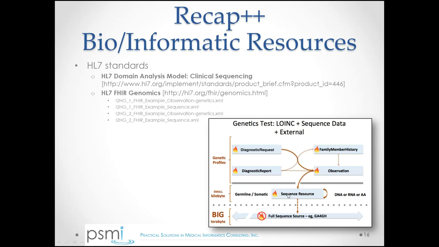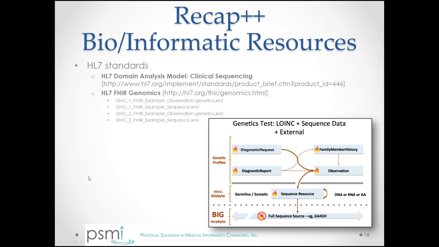So we might have a sequence resource that says here's a stretch of DNA, and we see 12 different variants on that particular stretch of DNA. That might be encoded using a FHIR sequence resource. But if you look at that sequence and its variants, you might say these two in particular we believe are clinically relevant. So we're going to create genetics observations for each one of those clinically relevant variants.